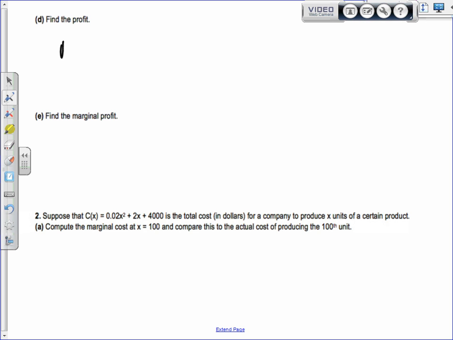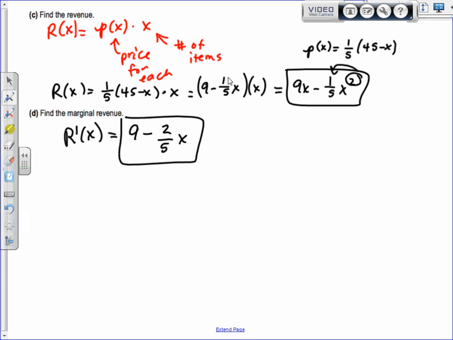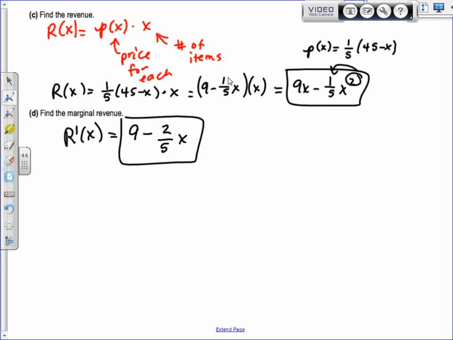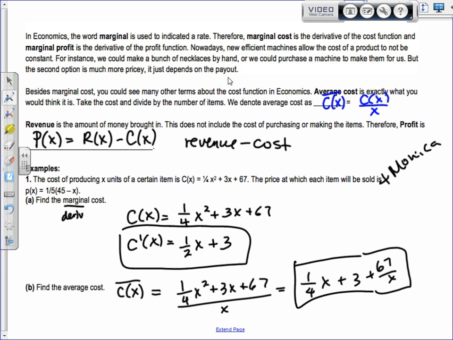Now we have profit. So profit is going to be revenue minus cost. So your revenue you just found. So your revenue is 9X minus 1/5 X squared. And your cost, so I'm going to go back to the cost function, is going to be 1/4 X squared plus 3X plus 67.